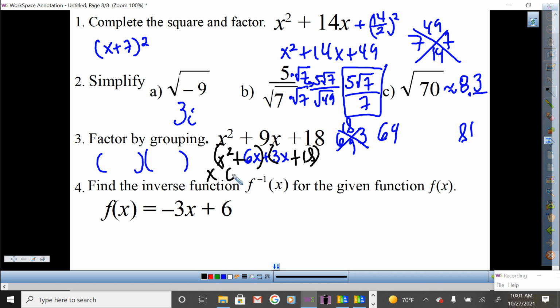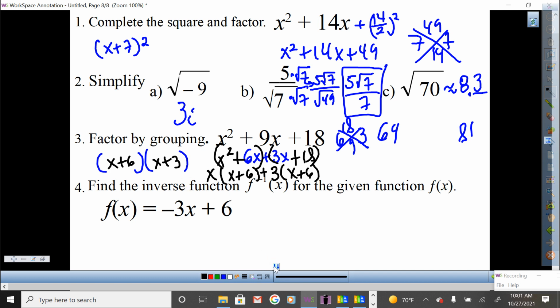GCF here is x, we're left with x plus 6, well, that looks like a 6, no? We're left with x plus 6, GCF here is 3, we're left with x plus 6. So my factors are x plus 6, x plus 3.